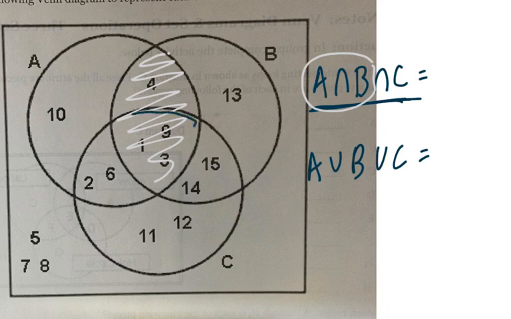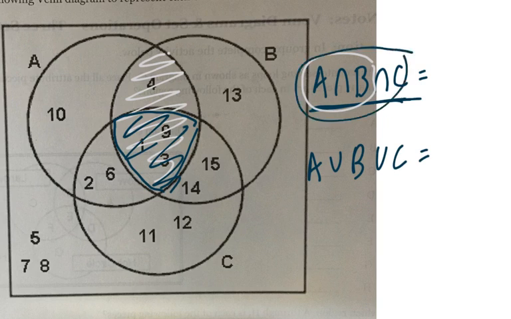So that is this section right here. Okay, so the intersection of all three groups is just whatever's in that region 5. So the elements in the intersection of A, B, and C in this example are 1, 3, and 9.